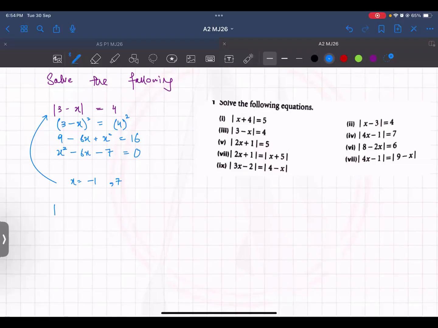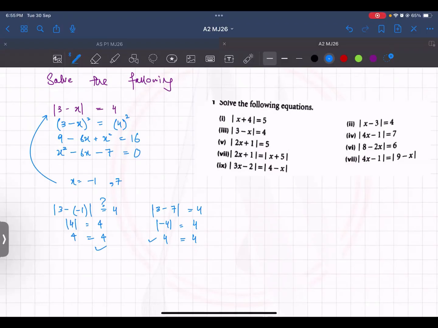If I put in x as minus 1, then |3 - (-1)| is equal to 4? Yes, 4 modulus is equal to 4. And with x equal to 7, 3 minus 7 is minus 4, and the modulus of minus 4 is 4. So both are satisfied. You can confirm your answer like this as well.